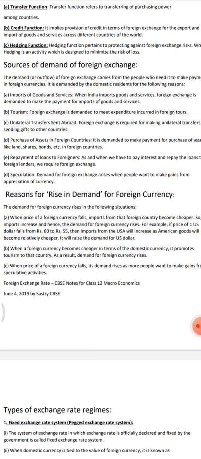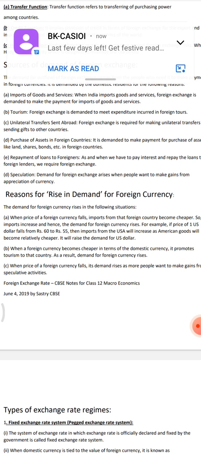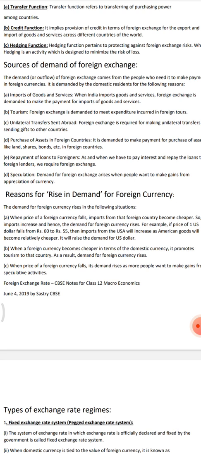In this case, imports from the US will increase, as American goods have become cheaper. As a result, the demand for foreign currency will increase.